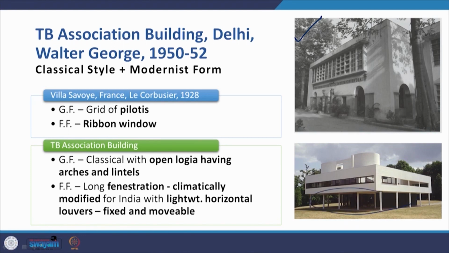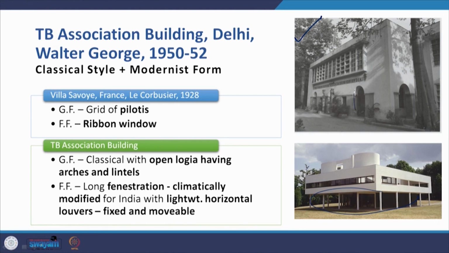of pilotis. It does have a curved ground floor, but that is pushed in, so you basically see a covered space of a grid of pilotis. I wouldn't call it a loggia. In the TB Association building, you do find a loggia, but the loggia doesn't have a grid of pilotis.